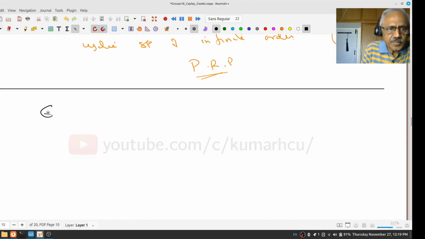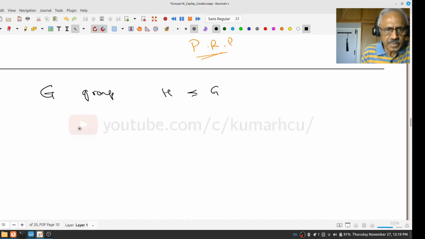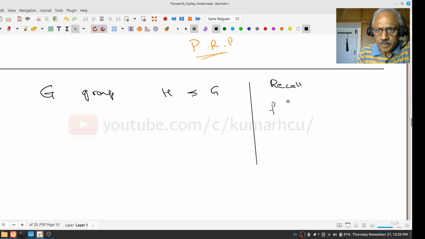So let G be a group, H is a subgroup of G, right? Then remember, recall f from G to H, these are all groups, not subgroups, these are different groups. Okay, this is a homomorphism.